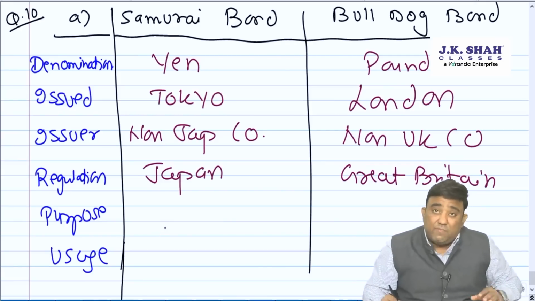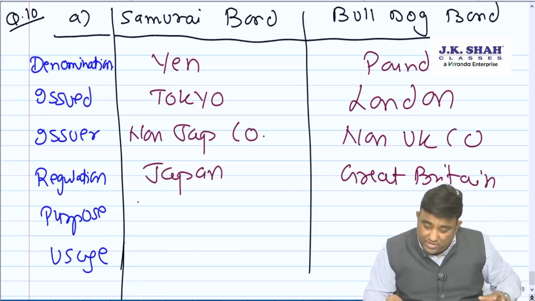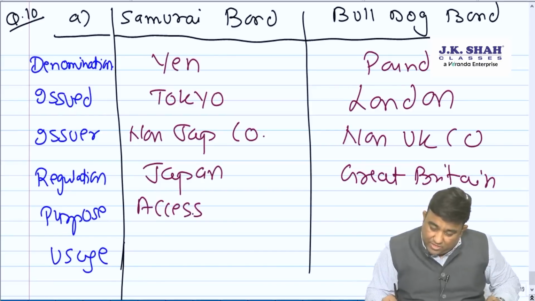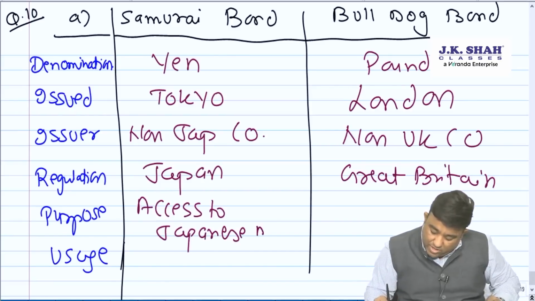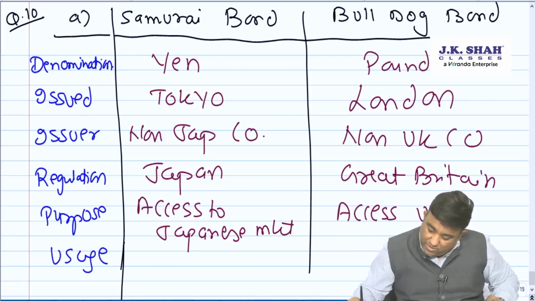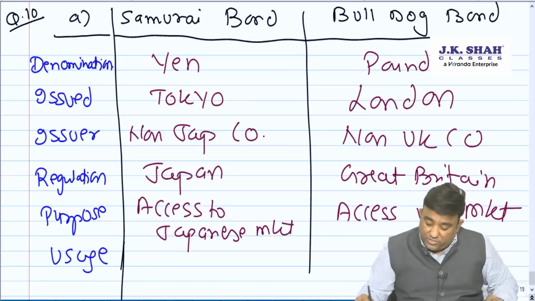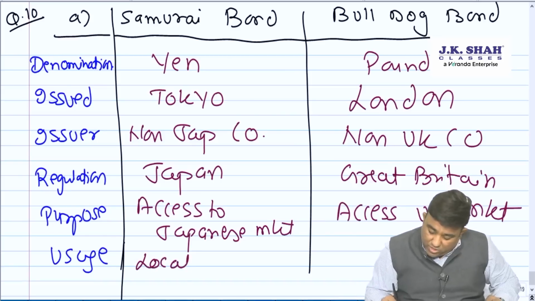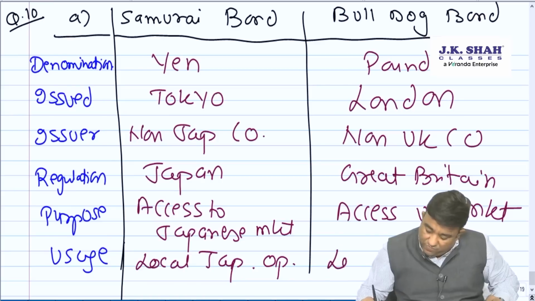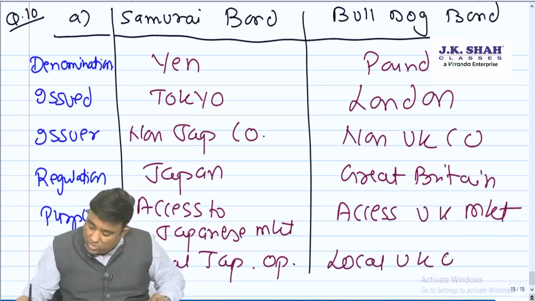Purpose is nothing but to tap the Japanese market. It's a tap, meaning access to the Japanese market. And this is, we are planning to tap the UK market. What is the usage? To fund our local Japanese operations, and to fund local UK operations.